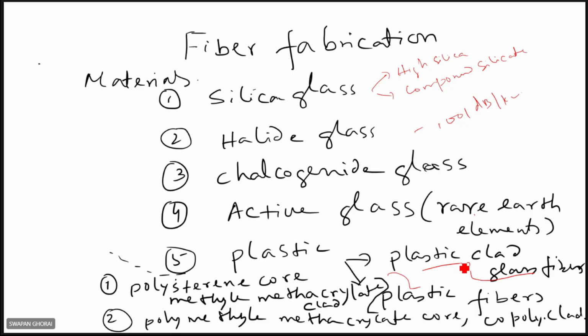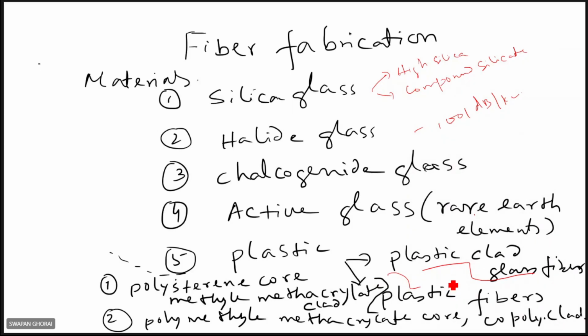If it is medium loss fibers, then the core can be glass and clad can be plastic. But if it is lossy fibers, then both core and clad can be plastic.